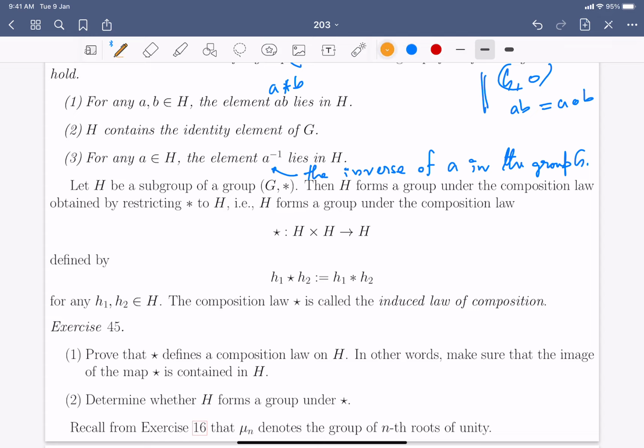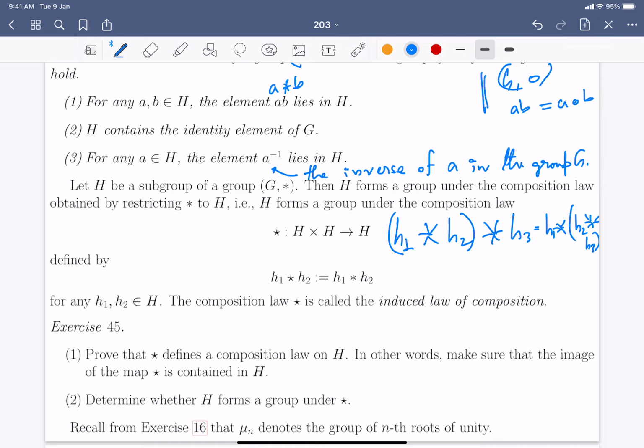Because you would like to show that, now how to write this star? Sorry, I would not be able to write this star, or maybe this looks good. So you have to show that h1 star h2, star h3, is the same as h1 star, h2 star h3.